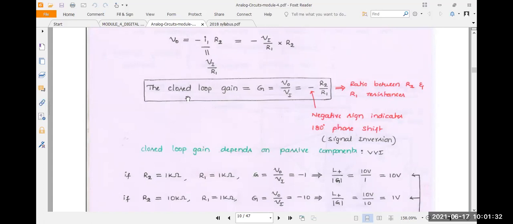Then we can write the closed loop gain equation G. G stands for the closed loop gain. What does A stand for here? Open loop gain.